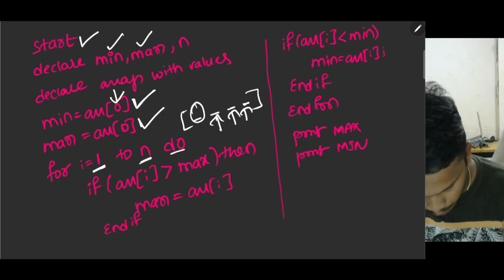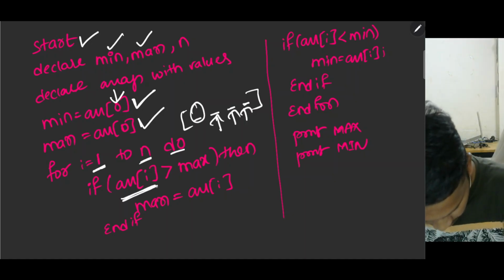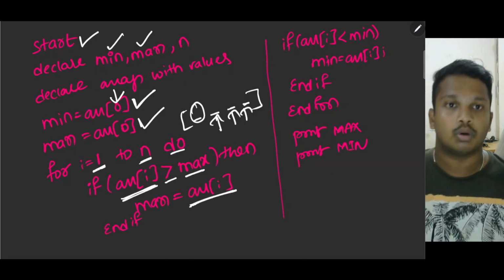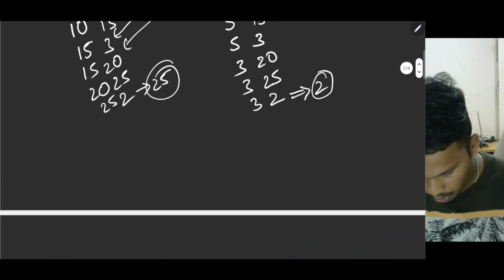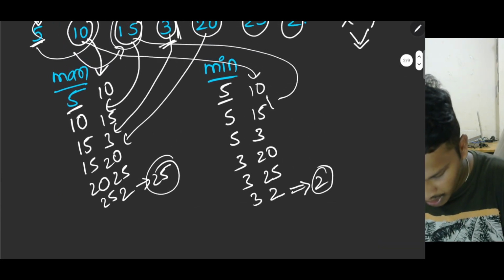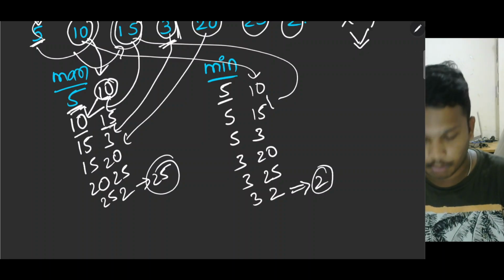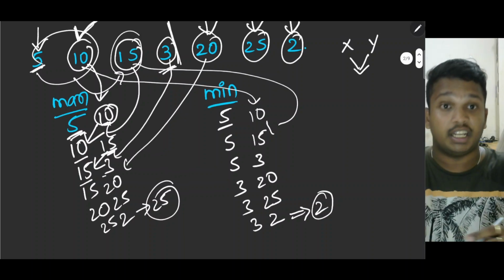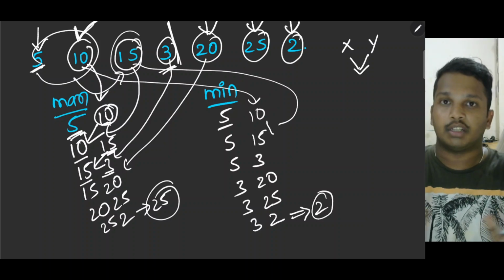What we need to do is, if the current element is greater than maximum, then update the maximum value. How we did here, observe: 5 and 10, if 10 is big, update the maximum. 10 and 15, 15 is big, so we are updating to 15. 15 and 13, 13 is not bigger than 15, so we are not updating.